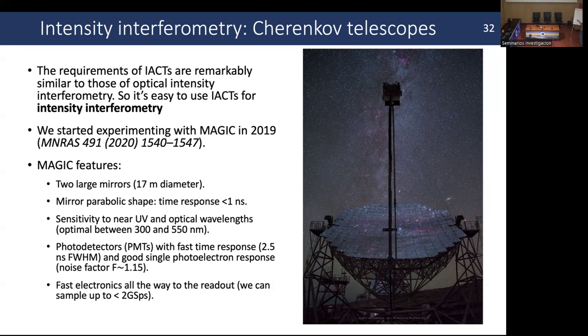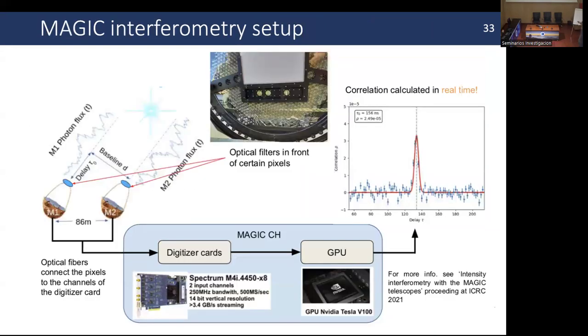You only need to make very few changes. What we are doing in MAGIC, for instance, is we place some filters in front of the photodetectors. We use the same photodetectors that are already there in the telescopes. We bring the signal, same as we do for all the other pixels, to a digitizer in a counting house near the telescopes.